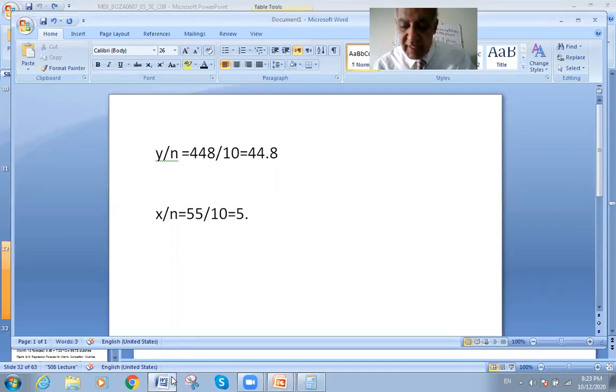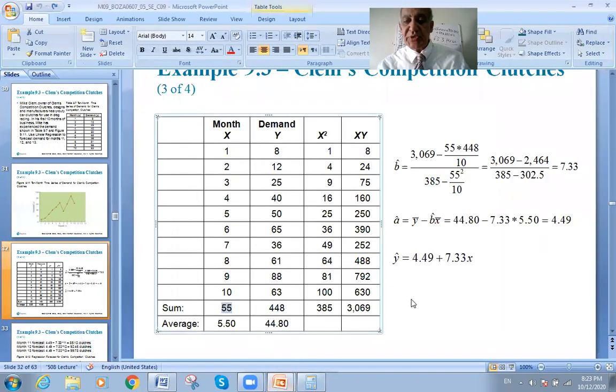That will equal 5.5. And here we go, we are just substituting the numbers, and we now got A equals 4.49 and B equals 7.33.